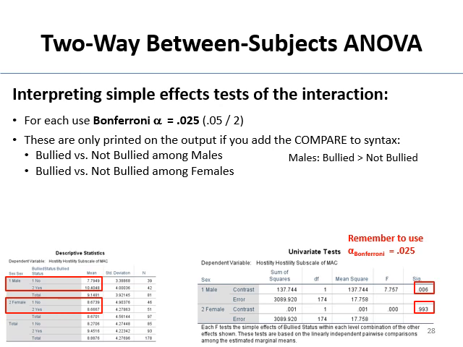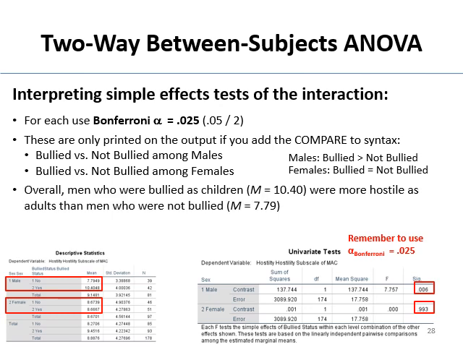Very close, almost the same number. Not shocking that it's not significantly different. So among females, their hostility level was not different depending on whether they were bullied or not. They were equally hostile regardless of whether they were bullied. So in Scott language, that's among females, bullied was equal to not bullied.